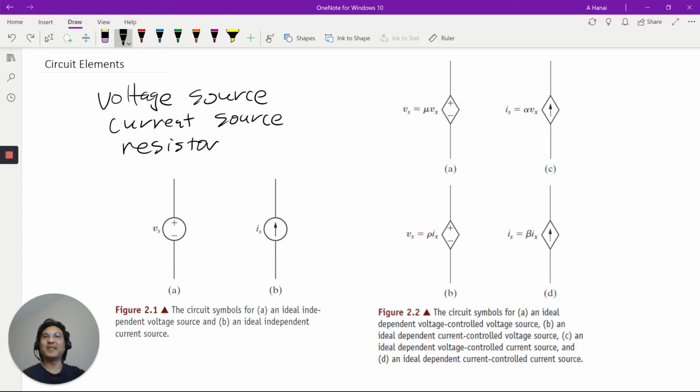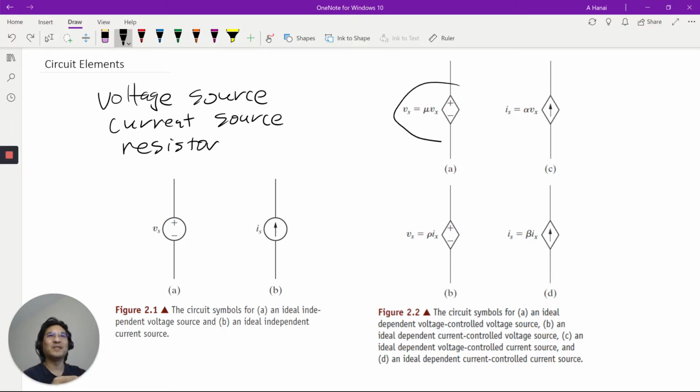And notice that you can draw it like a circle or like a diamond. So circle means independent source, whereas the diamond shape means dependent. That means whatever, like that's 10 volts constantly, or like that's 5 milliamps constantly.